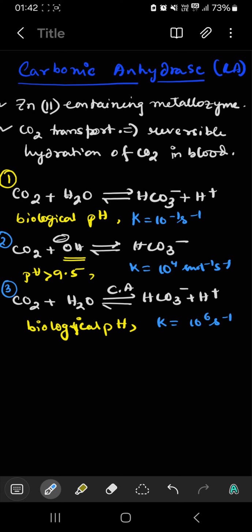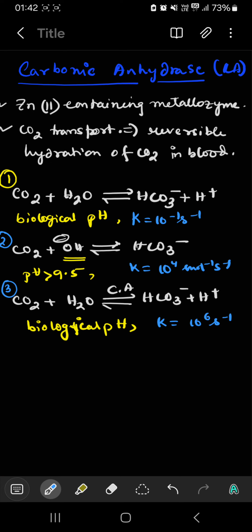But the problem is that the biological pH is around 7 to 7.2 or 7.4, which is almost a neutral medium. So we need a strongly basic medium in order to get hydroxide ion. But that is not possible for our biology. That is not possible in blood.